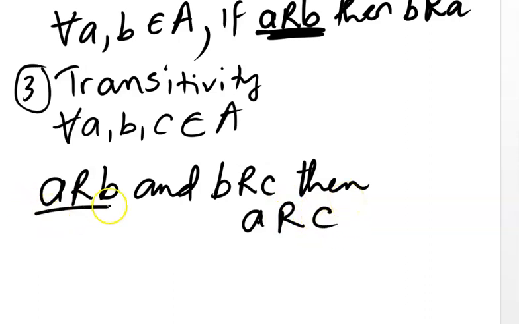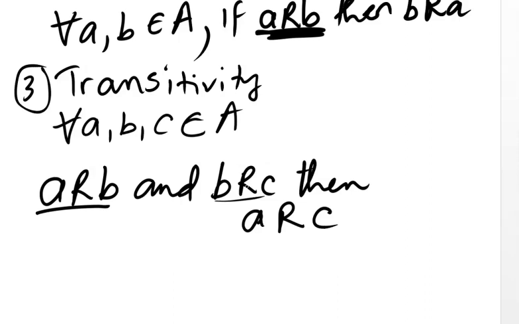So this is what we have: a relates b, b relates c. Now we'll be required to show that a relates c, and when that is done, the relation is transitive.